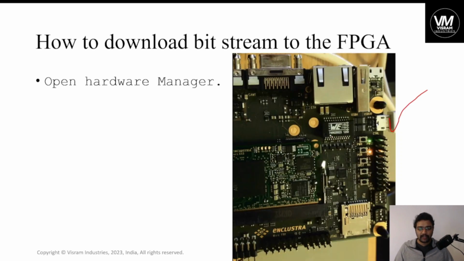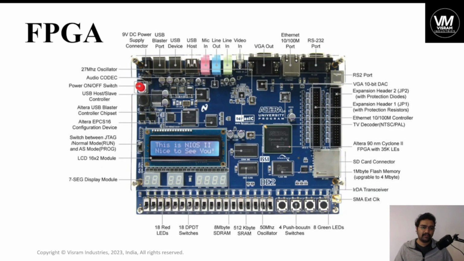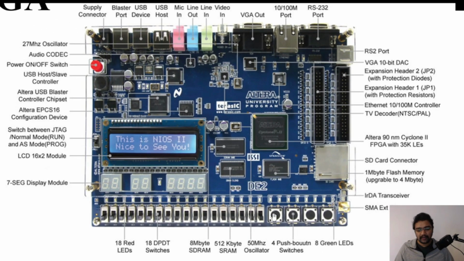This is what the board looks like. On Enclustra's website you can search for the board. Mercury AX3 is the board name, and this is an example board. As I'm saying, if you give the inputs as 1 and 1, you can also enable the LEDs, and you can see the output 1 again for the OR gate.